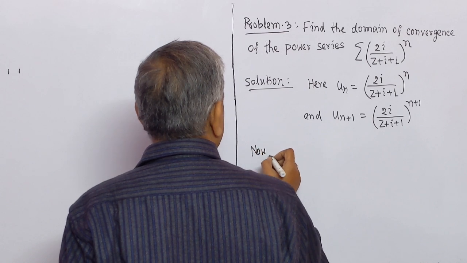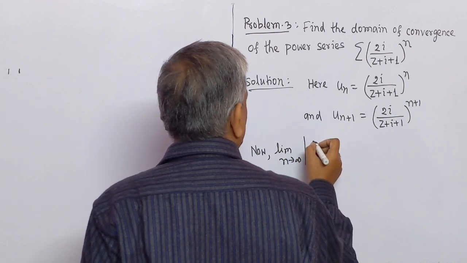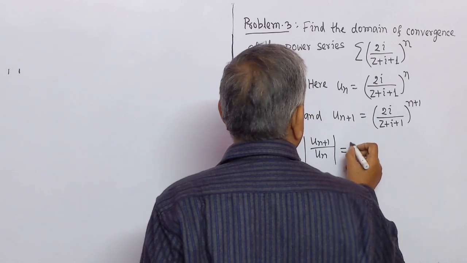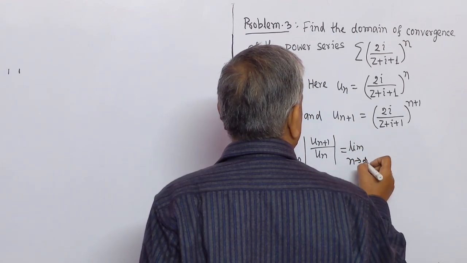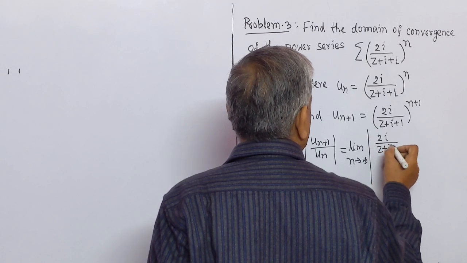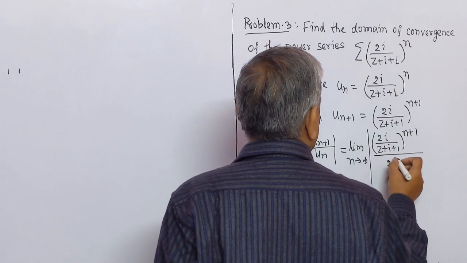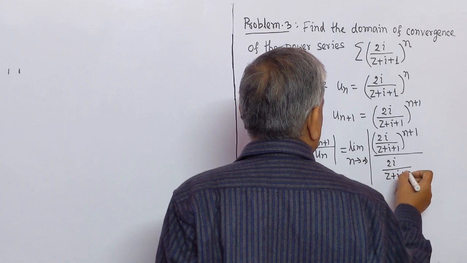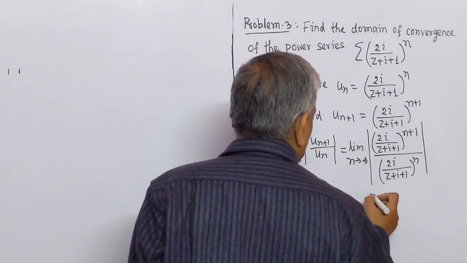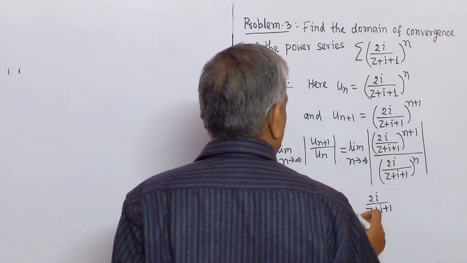Now limit n tends to infinity modulus of u_(n+1) by u_n equal to limit n tends to infinity modulus of [2i by (z + i + 1)]^(n+1) by [2i by (z + i + 1)]^n, and this is equal to modulus of 2i by (z + i + 1).